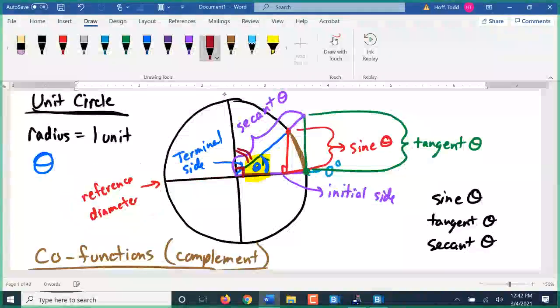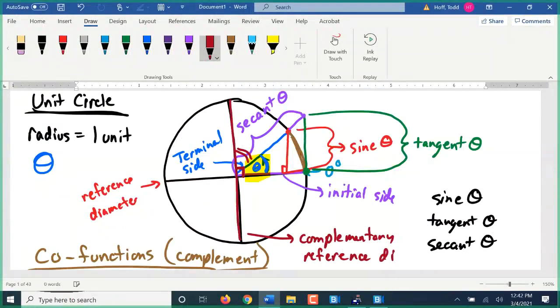But this other diameter, the vertical diameter, becomes the complementary reference diameter. And it's the complementary reference diameter because whatever angle we have here, its complement is right there. So the sine of the complement goes from that point on the circle over to that diameter. That is the sine of the complement, or, as we said, the cosine.